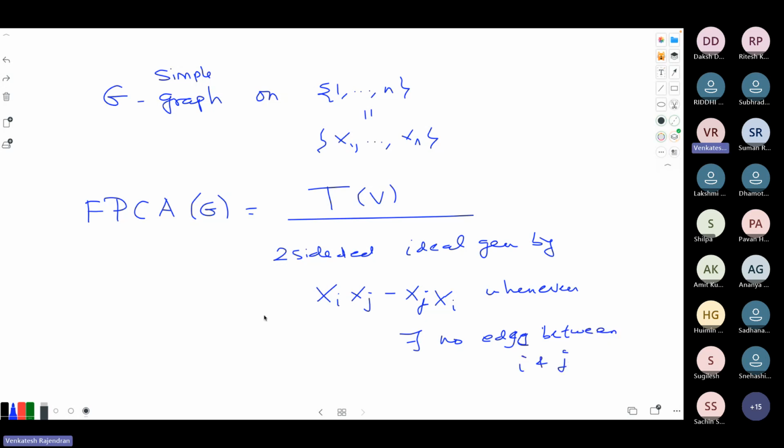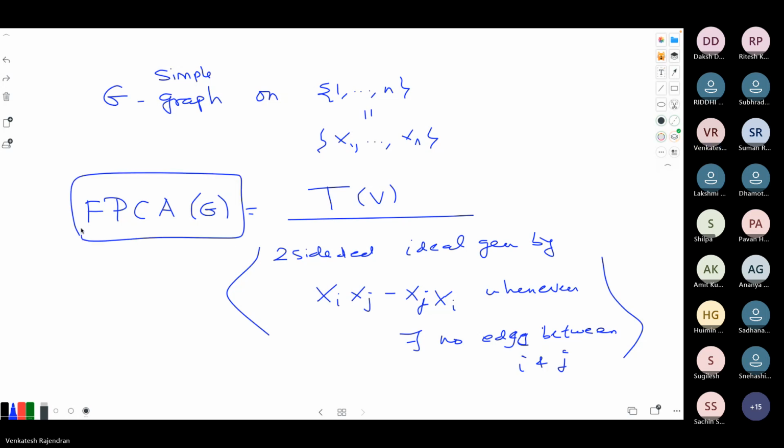So this is the ideal that we are going modulo. Then what you get is the free partially commutative algebra. We will also see the corresponding Lie algebra version later, but anyway, let's move on.